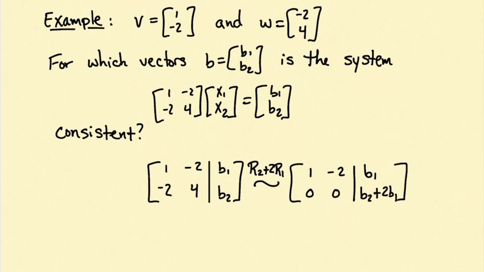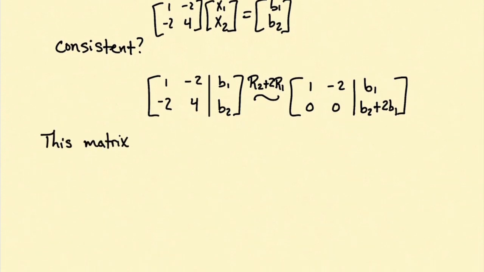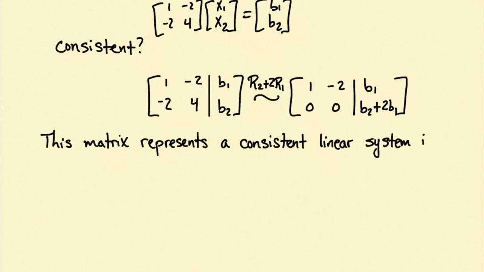To answer the consistency question, we remember that our linear system will be consistent as long as there is not a pivot in the augmentation column. So looking at the bottom right-hand entry, which is b2 plus 2b1, this matrix represents a consistent linear system if and only if b2 plus 2b1 is equal to 0.